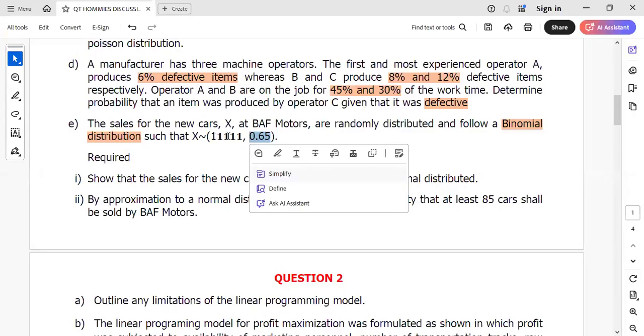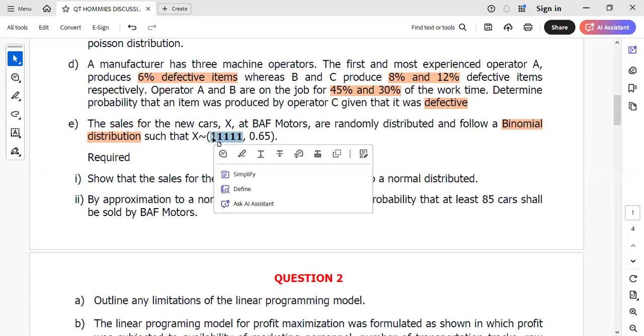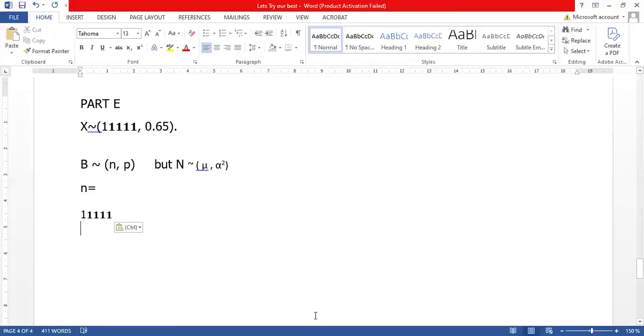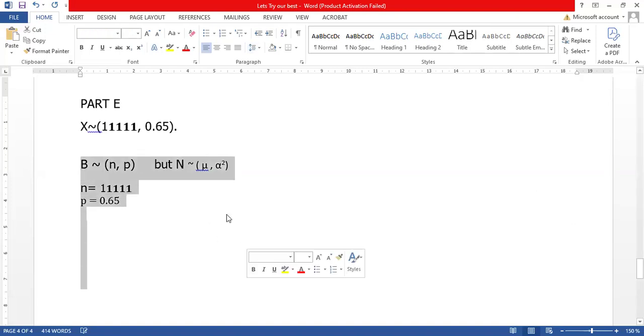That is your n. Then what is your p? P is the probability of success, which is 0.65. Colleagues, are we together?